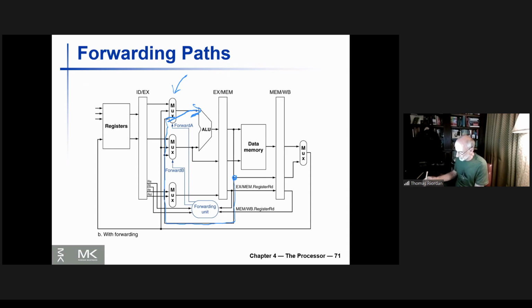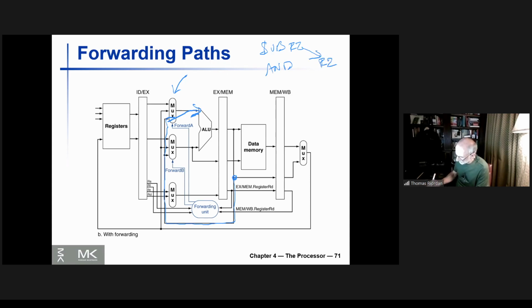The way we're going to make that happen is that it's kind of clear from the sequence. We have the subtract into R2, and then again we have the AND that wants to use R2, so we have to bypass there.